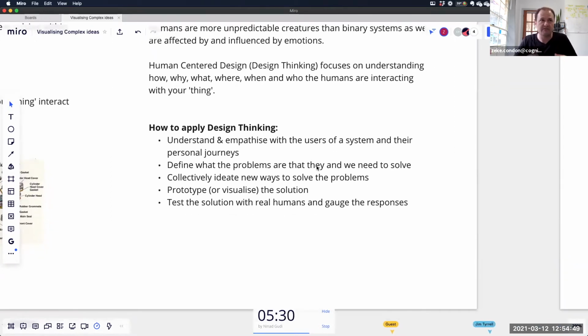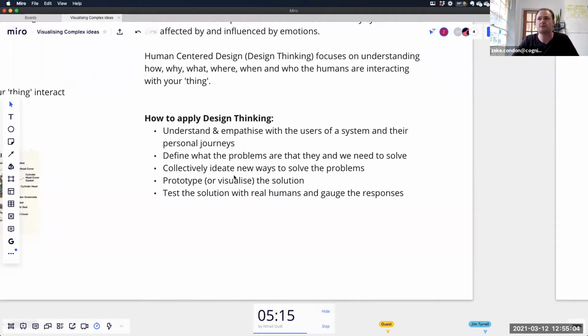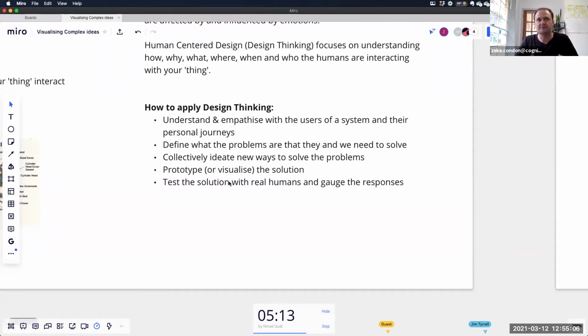So understanding enough about them. Defining the problems that the users of your information have, putting them down on paper so you can look at those and critically analyze them. And then collectively ideating new ways to solve the problems, right? So if you've done those first two steps, then you can go to other people and gather data from them as to ways that they might solve that problem.